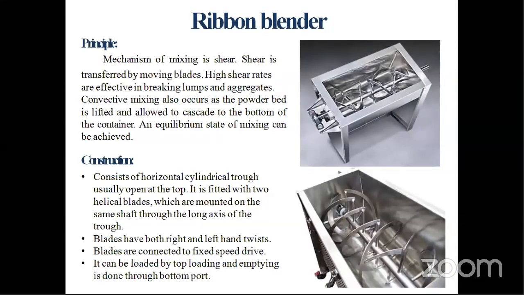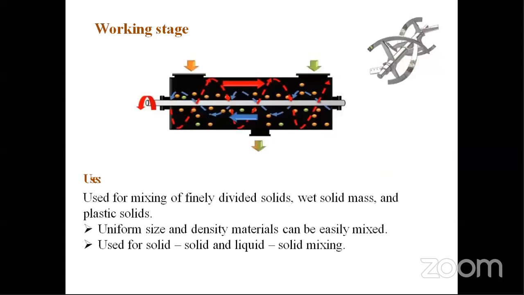So you have to maintain the ribbon blender during the mixing process. It is a long-acting process. You put the material in the upper portion, and the lower portion has a discharge point. I am showing the discharge point. This is the discharge point.